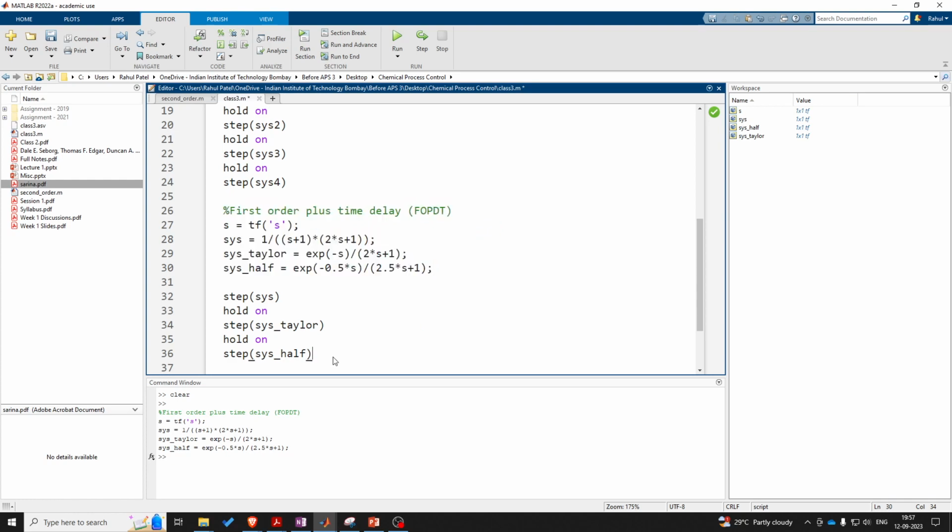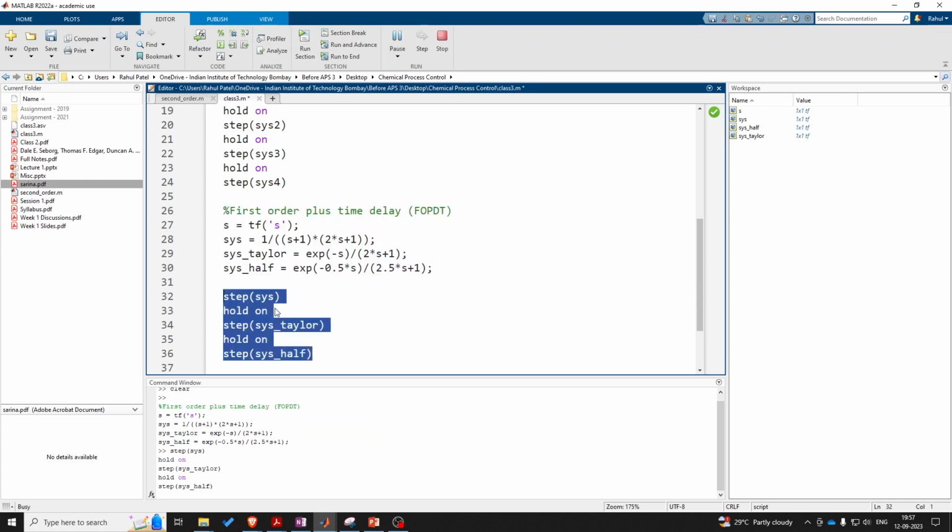So now we are plotting the response of each of these three processes.